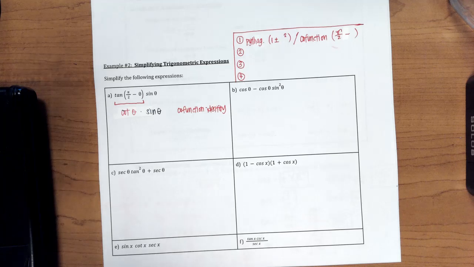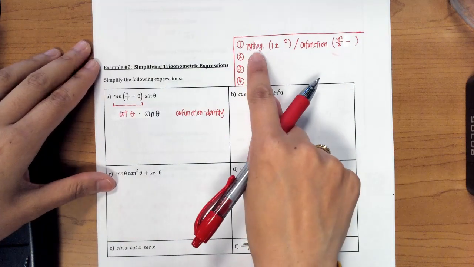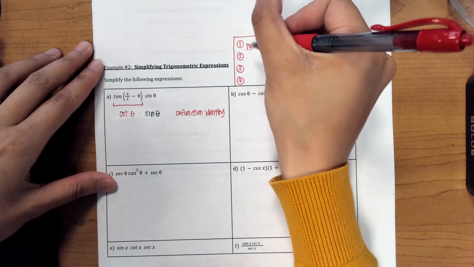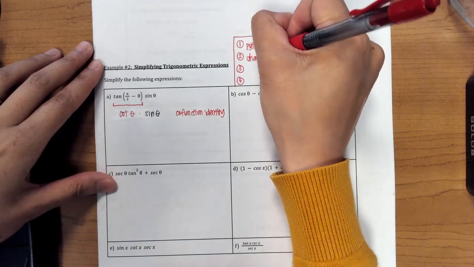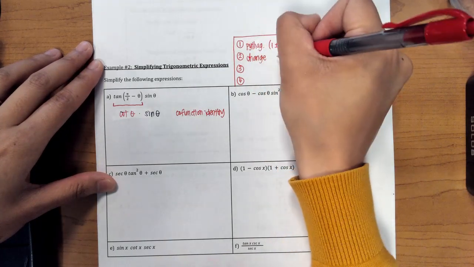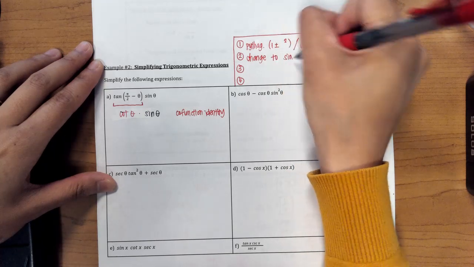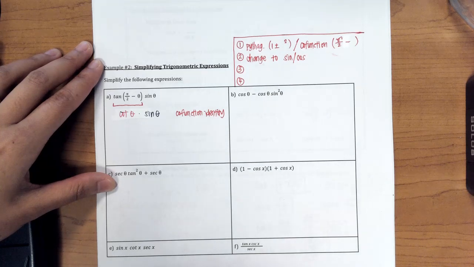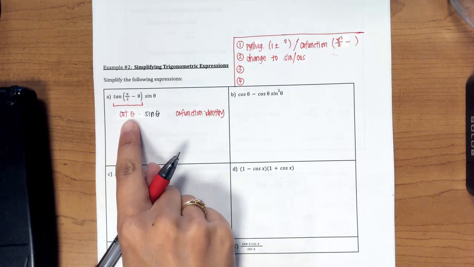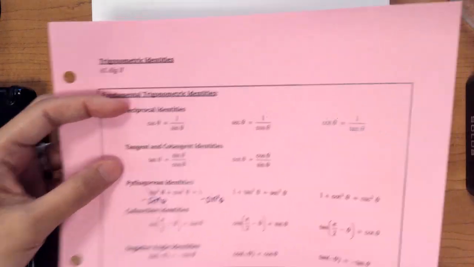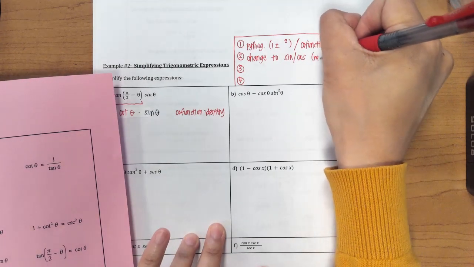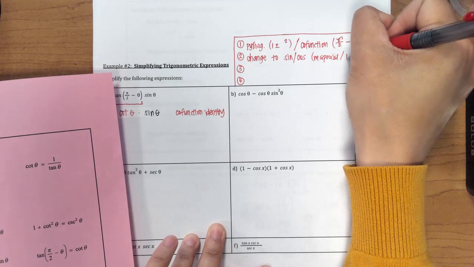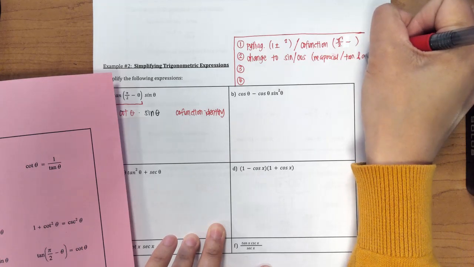Okay, so the next thing is we don't have a Pythagorean identity because there's no squareds and no ones. The next step that you want to check for is if you can change everything to sine or cosine. So now we know, and that's using the first 5, this is the reciprocal slash tangent and cotangent identities.